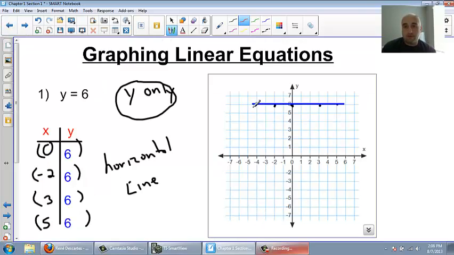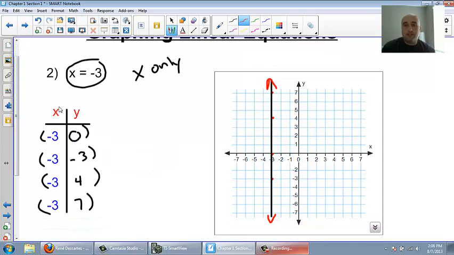So back to the last one, I'm going to add arrowheads to that previous line that we drew. So as you can see, when your equation is x only, remember x equals some number, it is a vertical line. Vertical meaning straight up and down. Hopefully that makes some sense. Okay, so that's type 2.